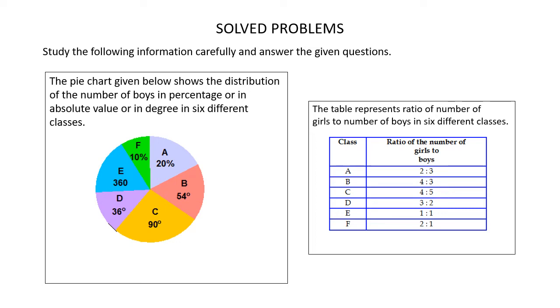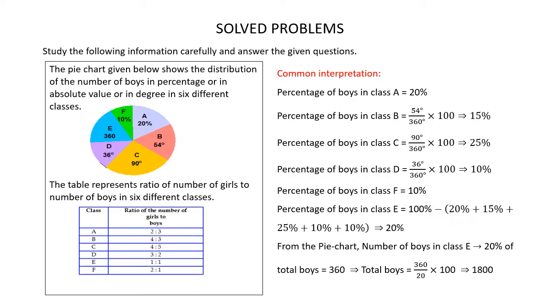Now we have to correlate the data given in this pie chart and in this table to answer the given questions. So first let's do a common interpretation. Now let's correlate the data given in this pie chart and the table. First, let's concentrate on the pie chart.